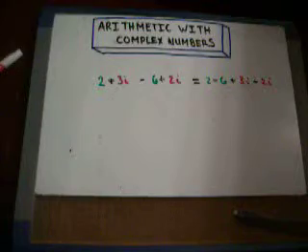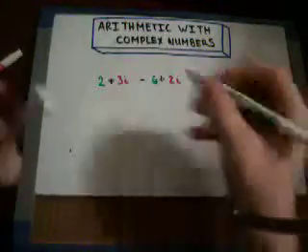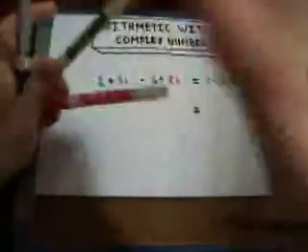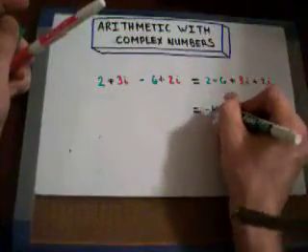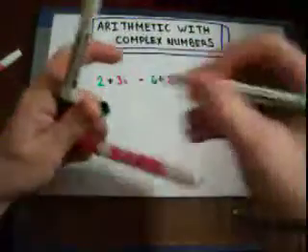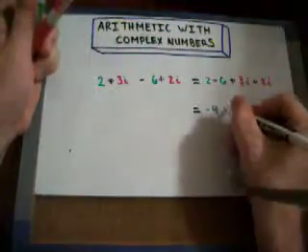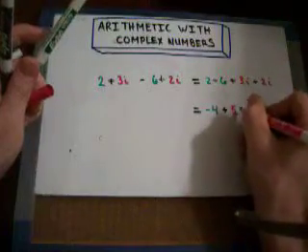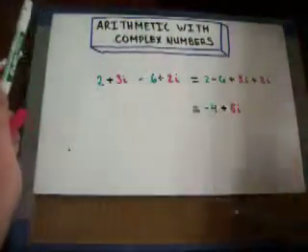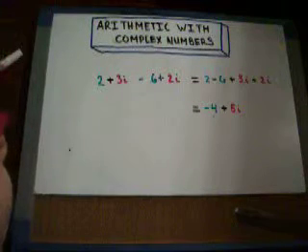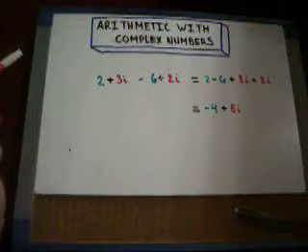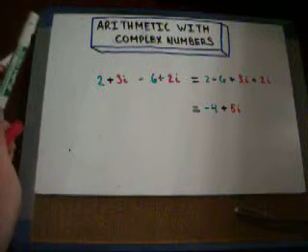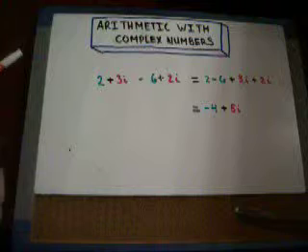And 2 minus 6 is just negative 4. Let's try and do things properly. Negative 4, and then 3i plus 2i is just 5i. So for that whole problem, you can see the addition is fairly straightforward, and subtraction likewise will be as straightforward as addition was.